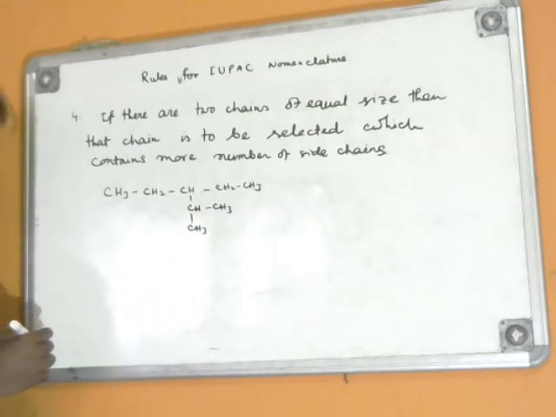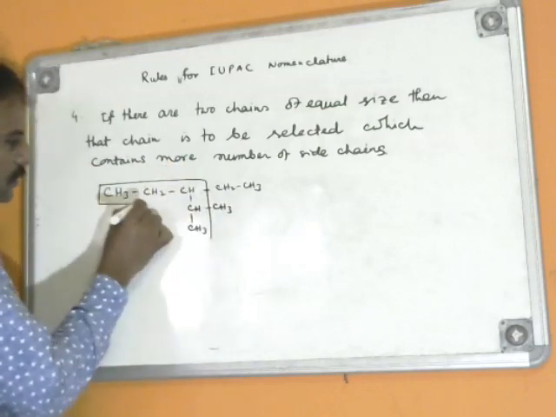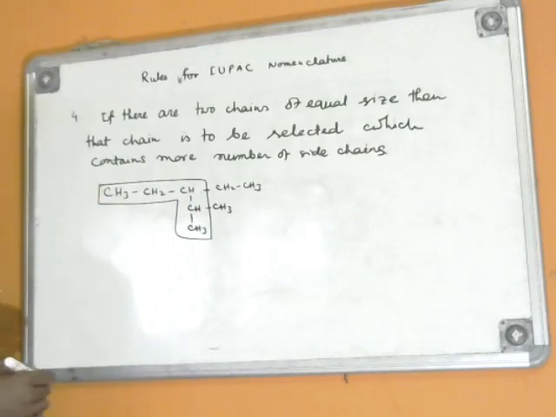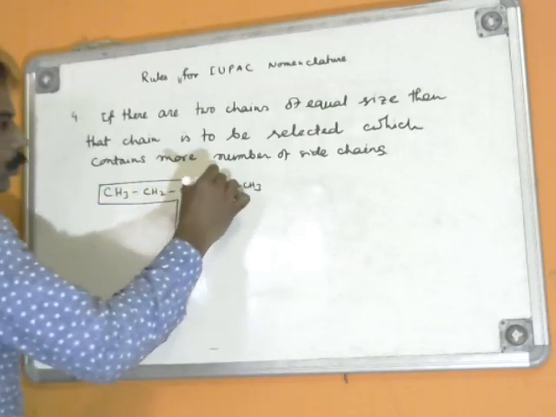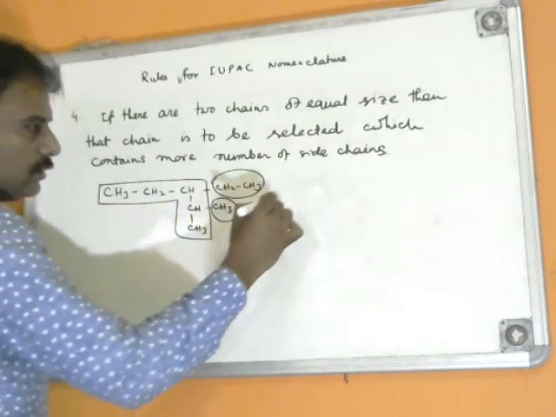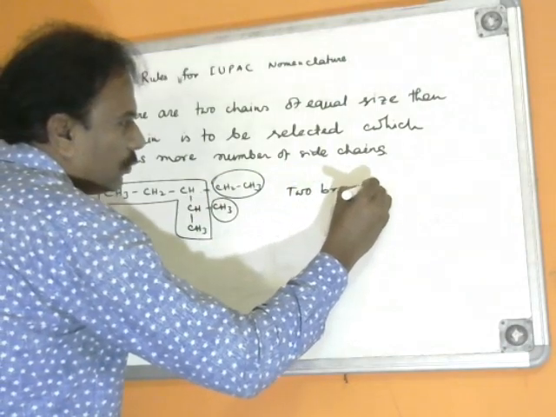If I take this chain as the parent chain, we have two branchings. One branching is here, another branching is here. So this contains two branches.